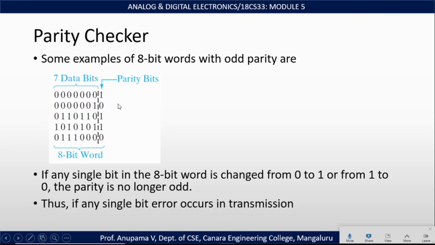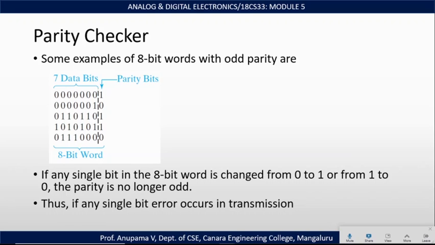So we'll see how the parity bit or parity checker is used to detect one bit error in the given sequence. When the sender sends the information to the receiver, they agree that they send only odd parity numbers to the receiver.